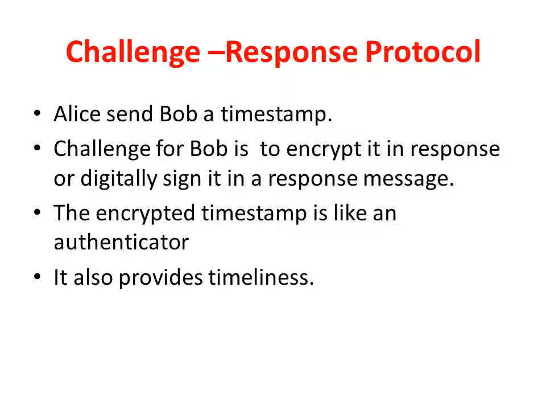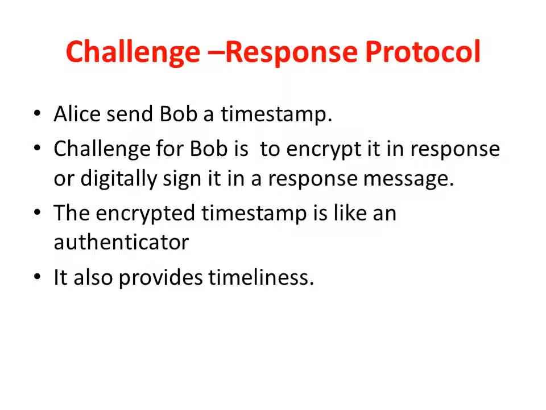Similarly, the same thing is happening here. The challenge for Bob is to encrypt the timestamp sent by Alice in his response message. The encrypted timestamp is like an authenticator. That means the party to whom I have sent the message is the same party sending me the response. This timestamp also serves a dual purpose.